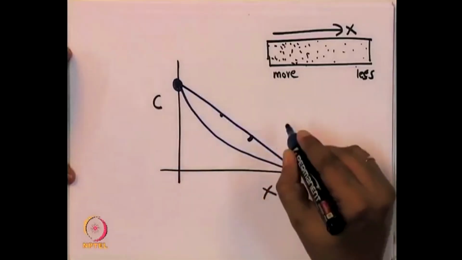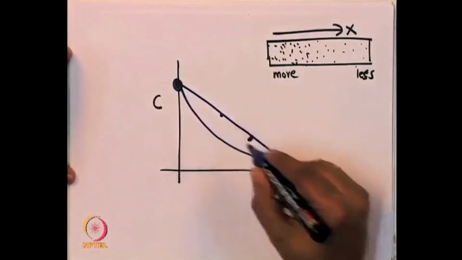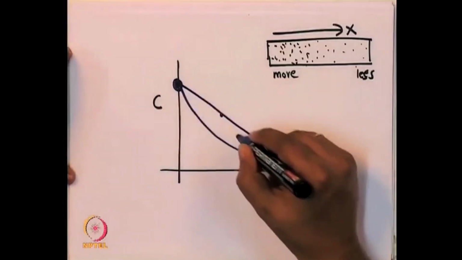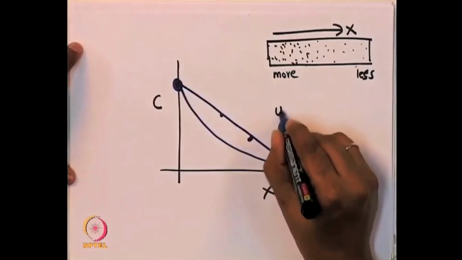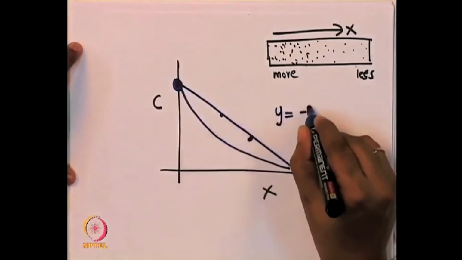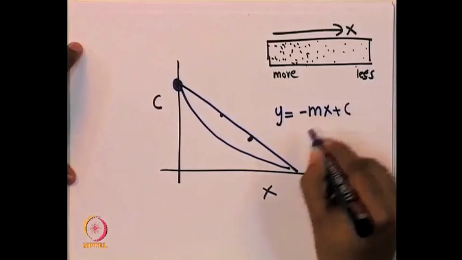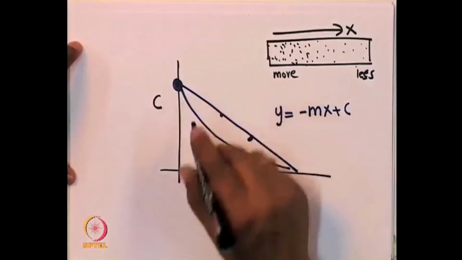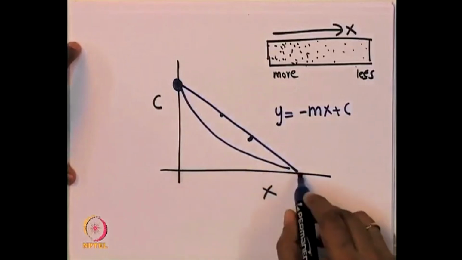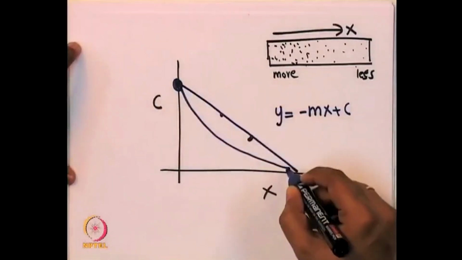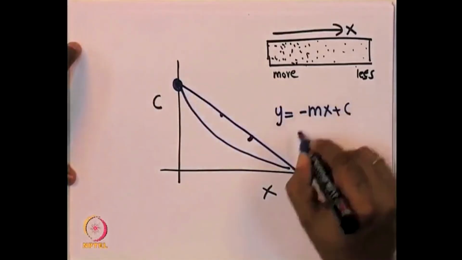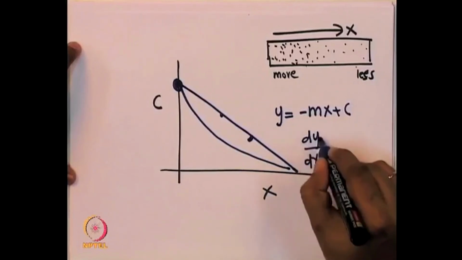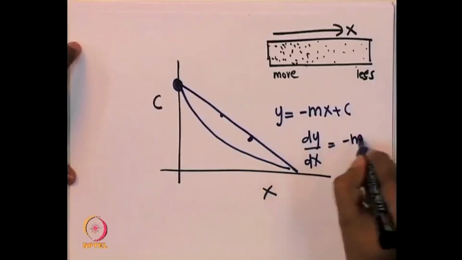We learned in calculus that if we have a straight line like this, this is an equation y is equal to minus mx plus c, where this m, the slope, is negative. What does it mean? As x increases, the y decreases. So, that is why this is negative. dy by dx, the change in y over change in x, is minus m, a negative number.